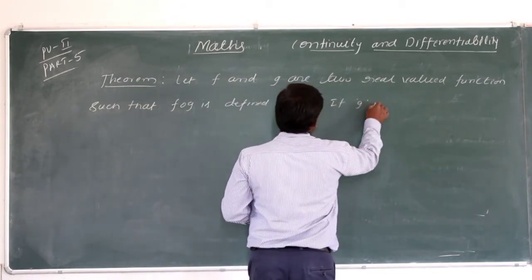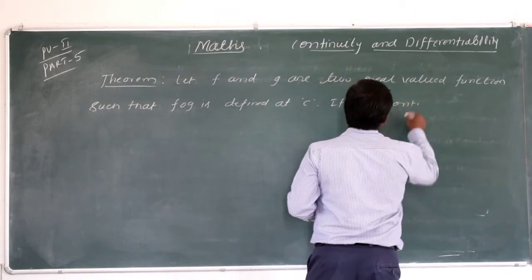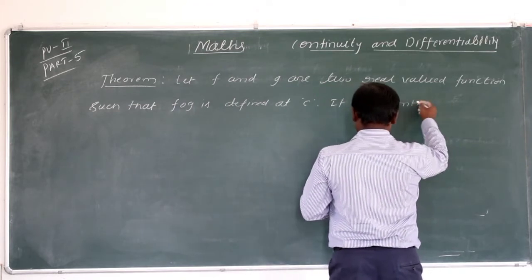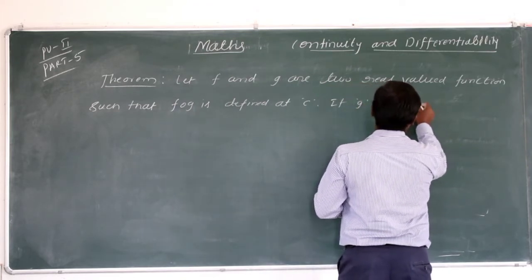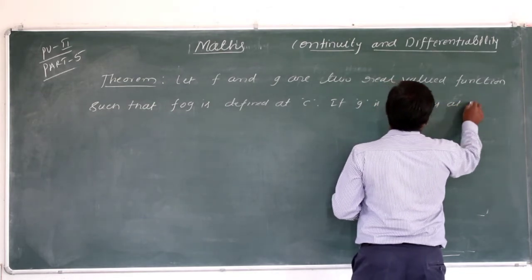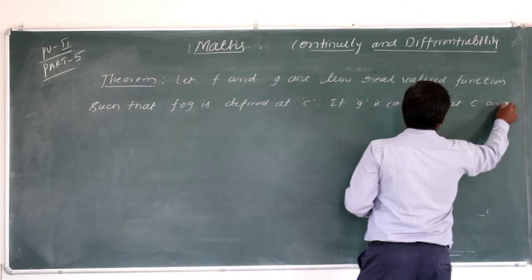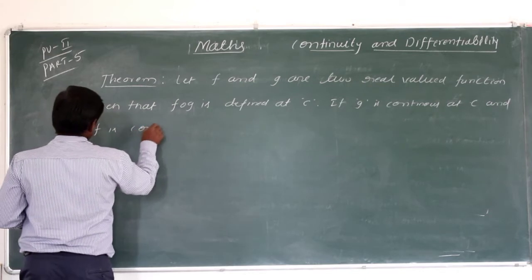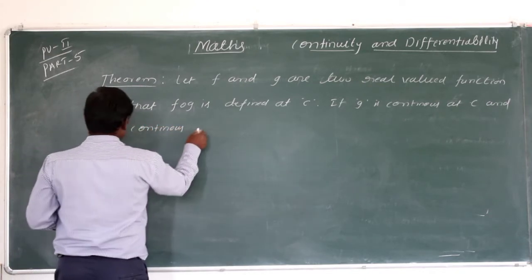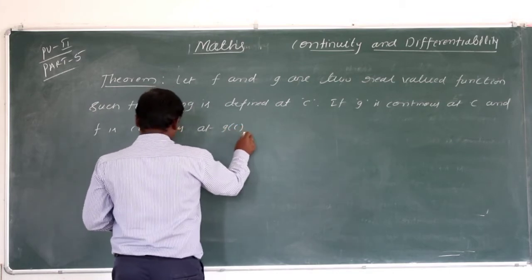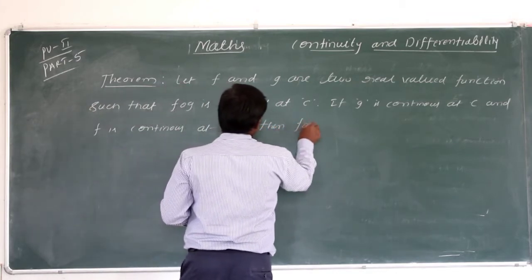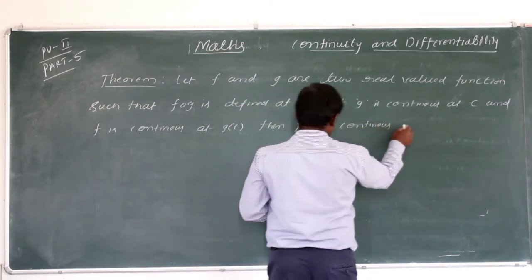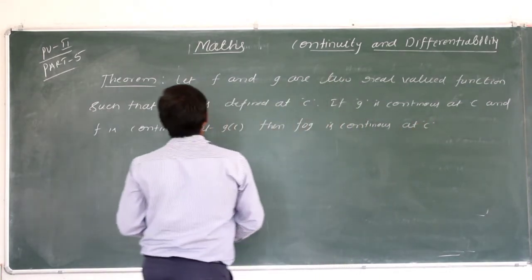Suppose g is continuous at c, and f is continuous at g of c, then f circle g is continuous at c.